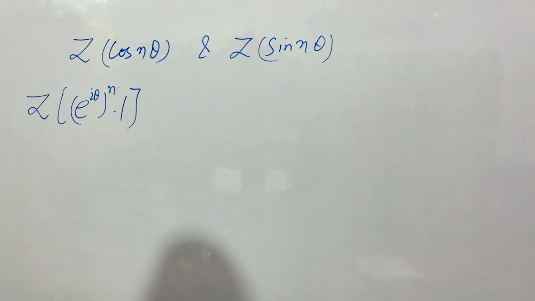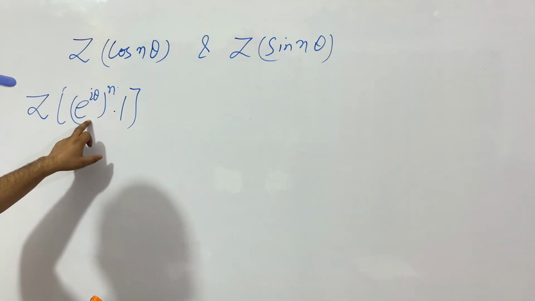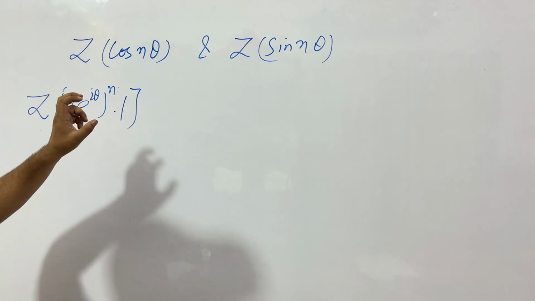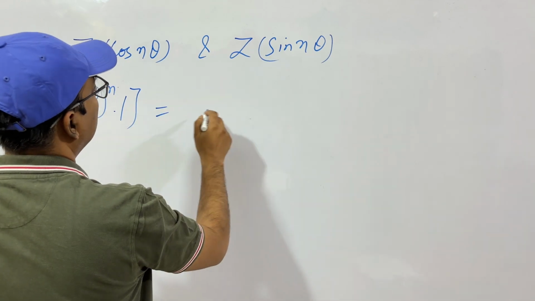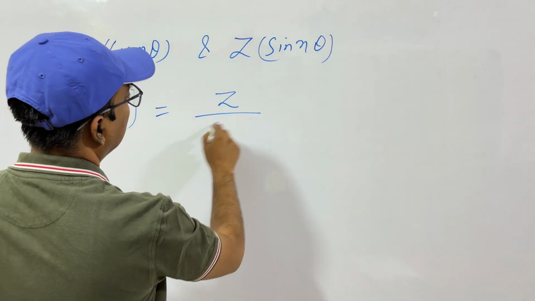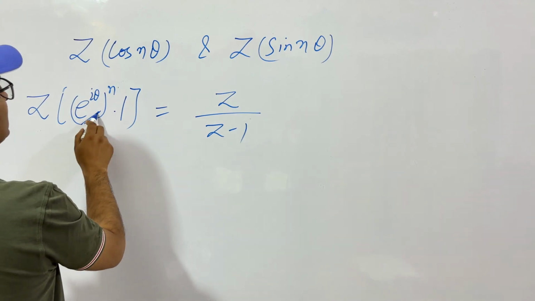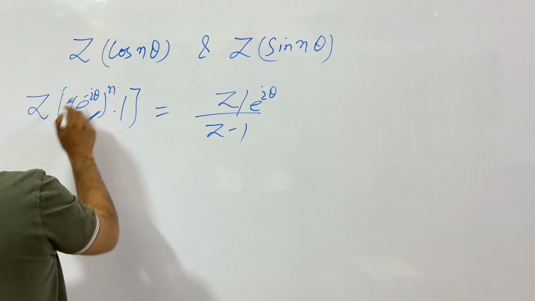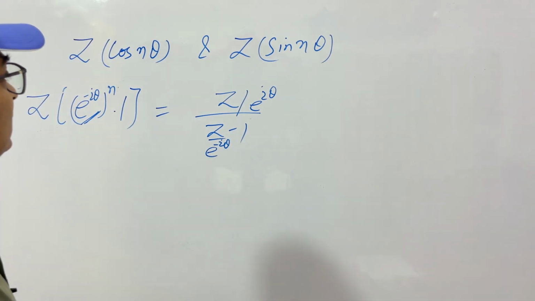That is, by the damping rule, we will find the value of Z of 1, and this is your a. So whatever it be, in place of z, we'll put z by this a. For Z of 1, you know it is z by z minus 1, but here a is this, so we'll have to put z by e to the power minus i theta. So this is the result.